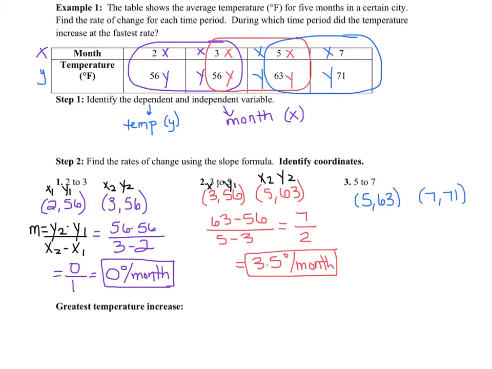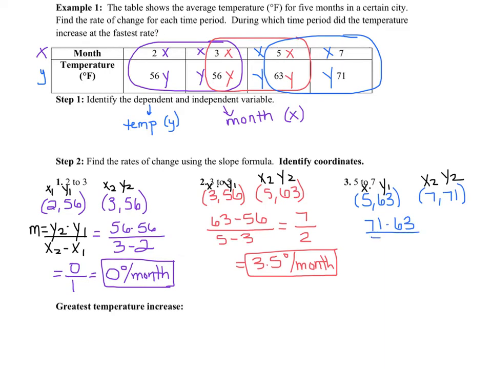Next, you want to label your coordinates. Always label x1, y1, x2, y2. So now I want to use our slope formula. M equals y2 minus y1 over x2 minus x1. So our y2 is 71 minus our y1 is 63.